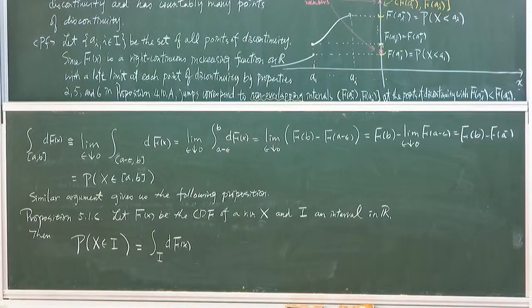But indeed, when f is the CDF of a random variable, this Riemann-Stieltjes integral is actually equal to the difference. This is well known. But from our proposition here, we know that this is actually the probability of this half open, half closed interval. Okay, and so a good notation for us is here.